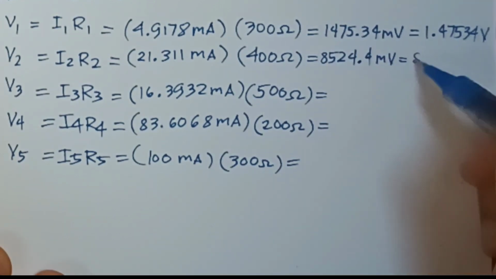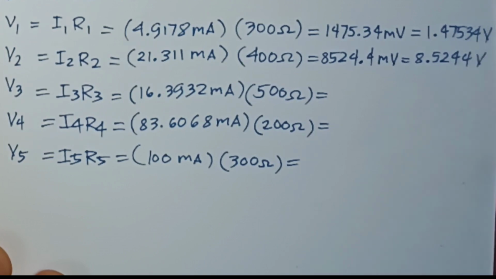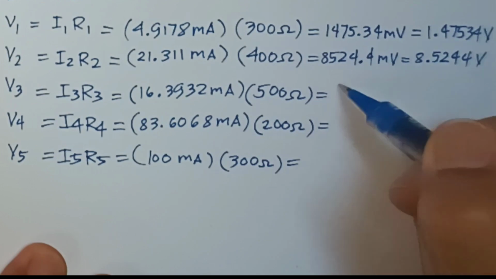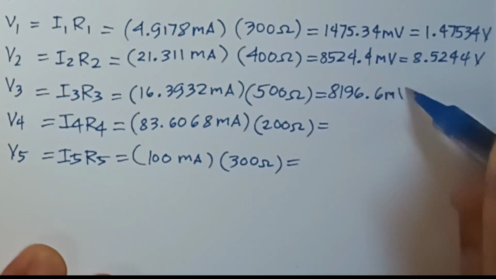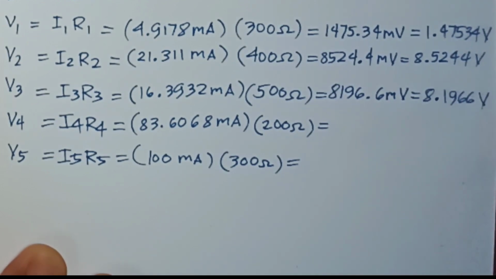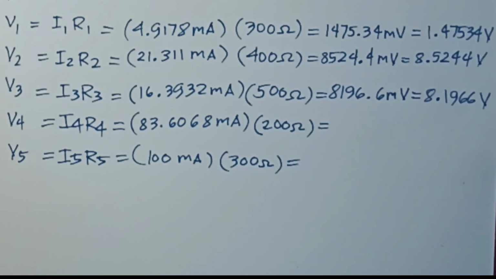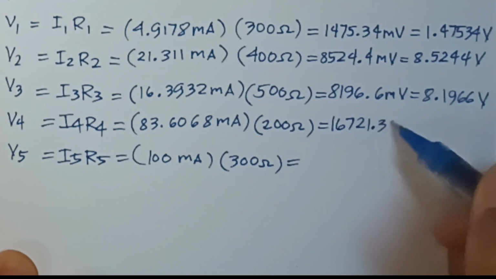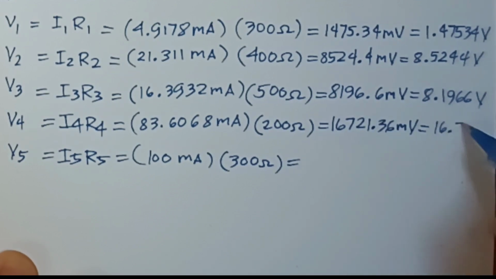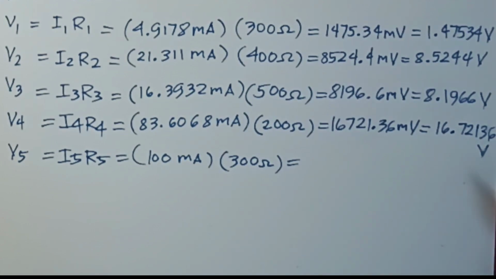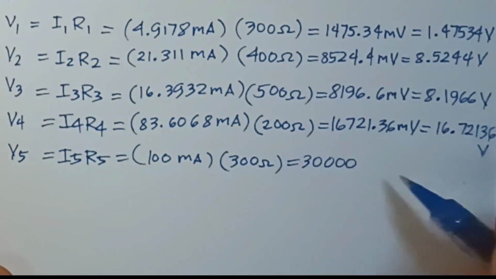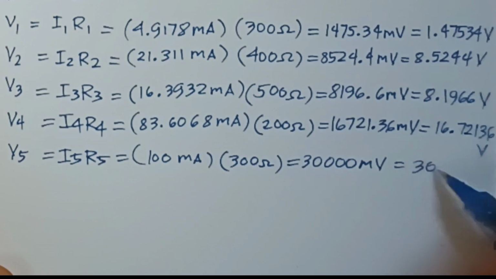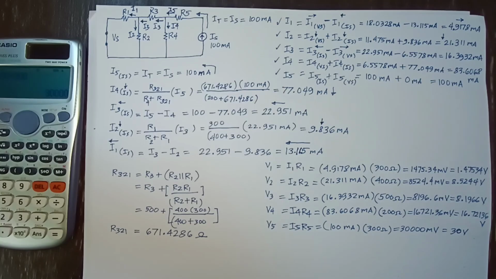The 8524.4 millivolts will become 8.5244 volts, and 8196.6 millivolts will become 8.1966 volts, and the 83 multiplied with 200 will be 16721.36, which will just become 16.72136 volts, and finally the V5 will become 30,000 millivolts, or simply 30 volts.